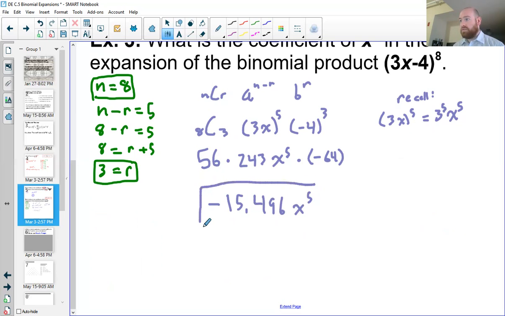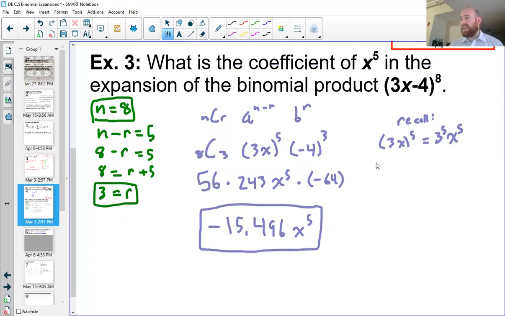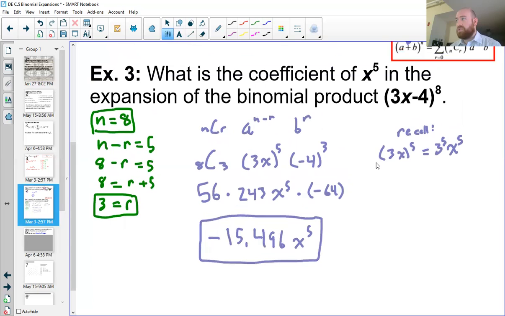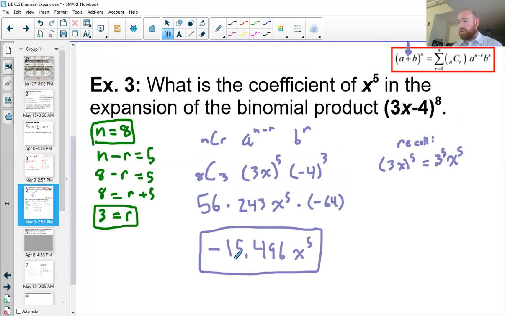And this is our answer. In fact, to be even more precise, since it was asking for the coefficient, our answer is really just this negative 15,496.